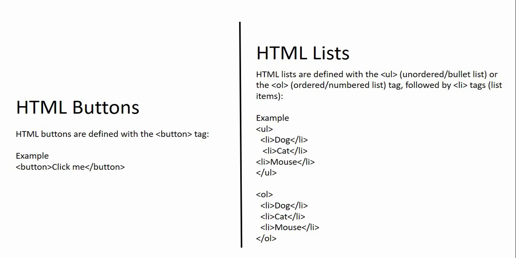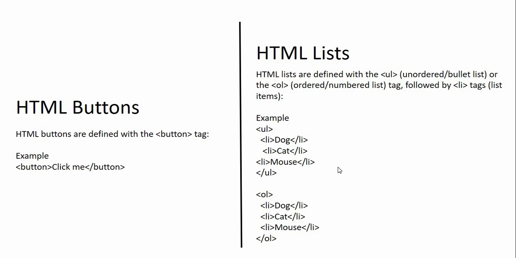As you can see in this example, you first start with the unordered list. This is a bullet list and LI is for the list items. So there's a dog, cat, mouse. This is unordered and then we get the ordered list.